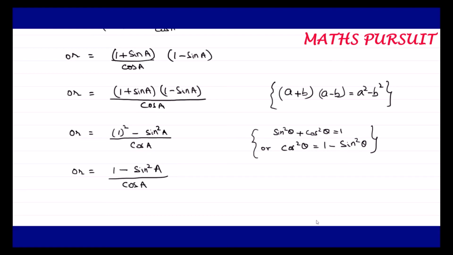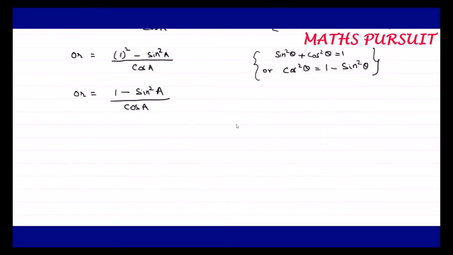So 1 minus sin square A upon cos A, what can I write? I can write this because cos square theta is nothing but 1 minus sin square theta. So here we have 1 minus sin square A, which is nothing but cos square A upon cos A. Or that is equal to, I can write cos square A is nothing but cos A into cos A upon cos A. So you could see that this cos and this cos cancel out.